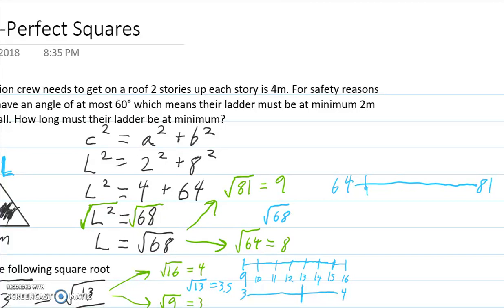So let's say it's about a quarter of the way, maybe just a little bit under a quarter. We know this one here is 8, this is 9, and 68 is close to this side. So it's roughly equal to 8, but moved a little bit closer to the 9, about 8.2, because we said it was close to a quarter.